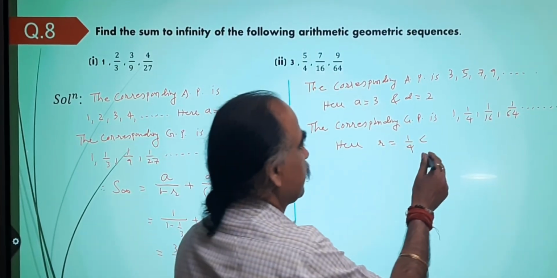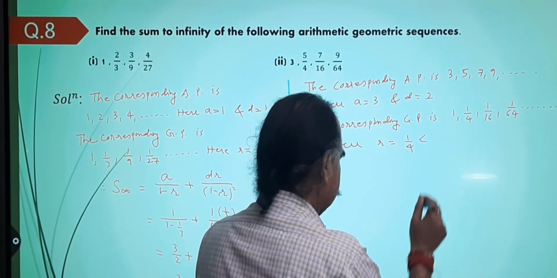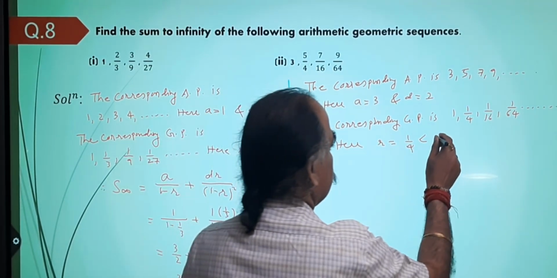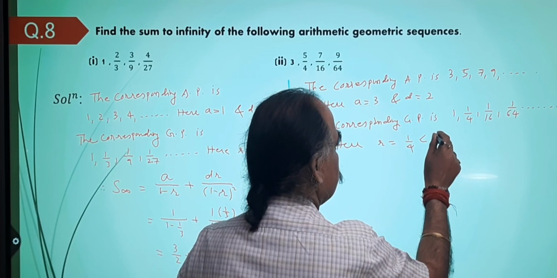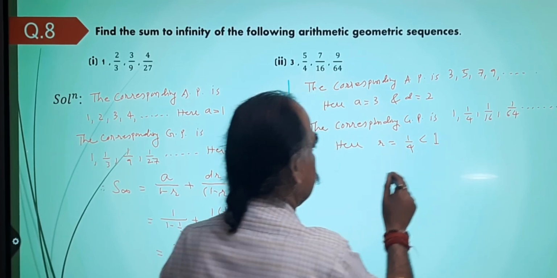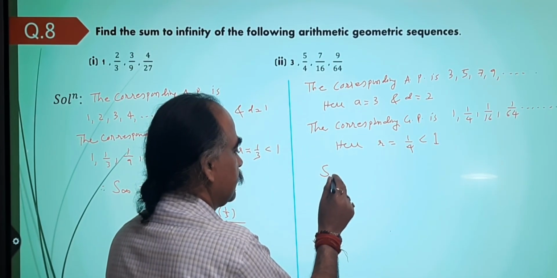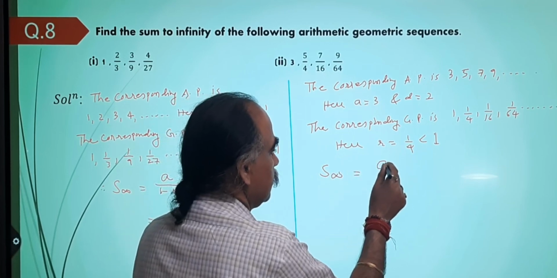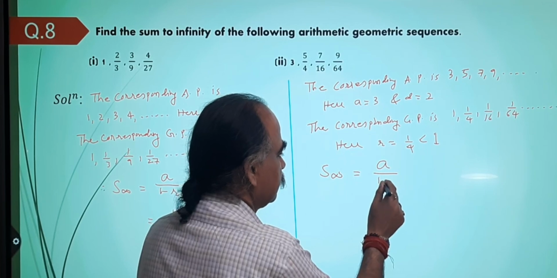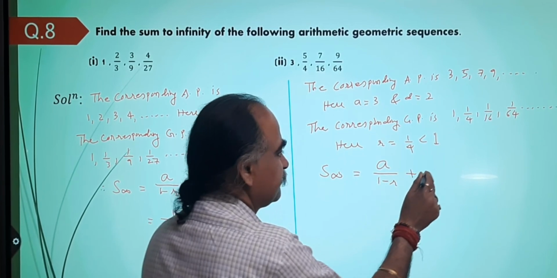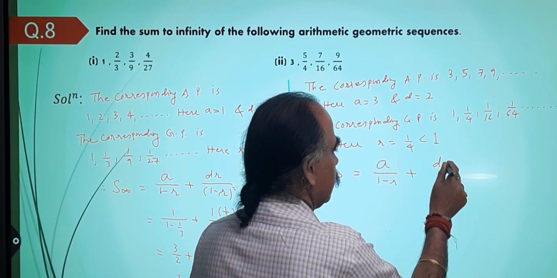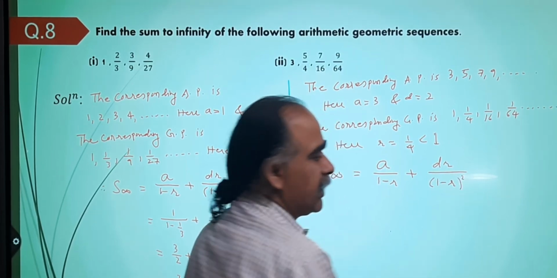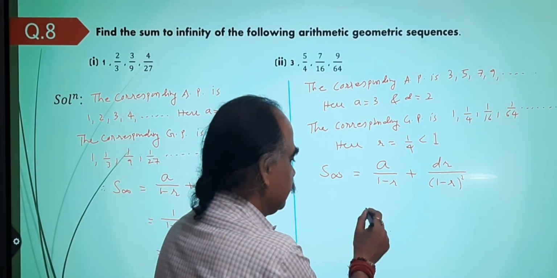Here common ratio R is 1/4, less than 1. So S infinity of AGP is A upon 1 minus R plus dr upon 1 minus R square. Now replace the values.